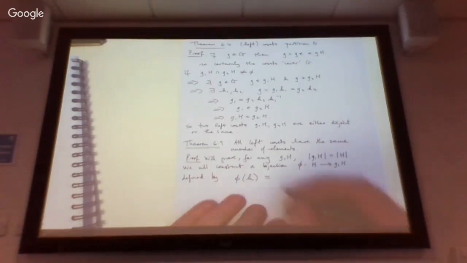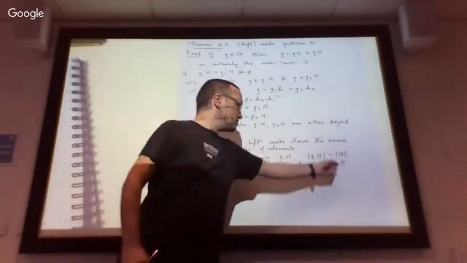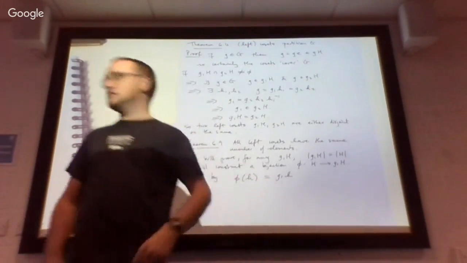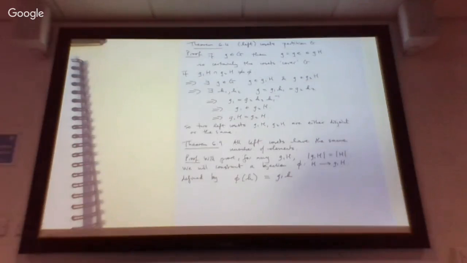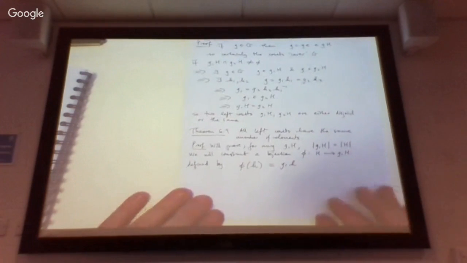So it's just the most natural thing. We send h to the element G1h. So that's certainly a mapping from H to G1H. Here's something in H, here's something in G1H. We want to show that it's a bijection, that it's one-to-one and onto. And that comes out straight away.